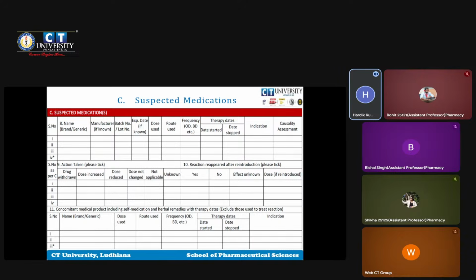The IPC, National Coordination Centre, PvPI developed a health app that can be downloaded from the Play Store, effective from 29th September 2017. Next slide, please.